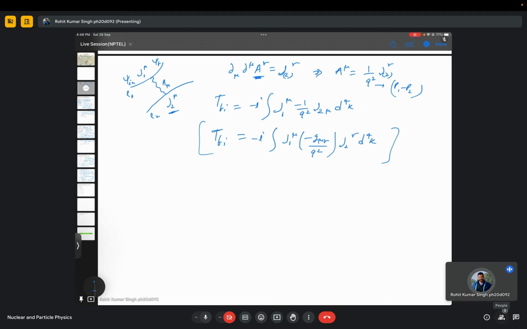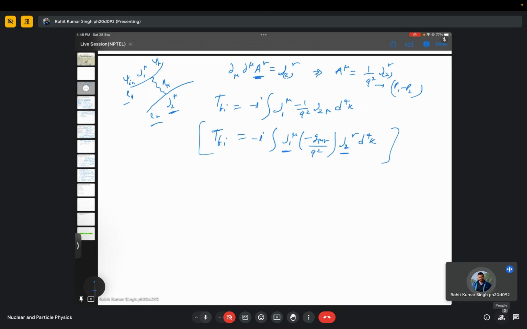Now let's understand this. Here you have current J1 and current J2. J1 is the current corresponding to electron E1, and J2 is the current corresponding to electron E2. So this is a very general equation.